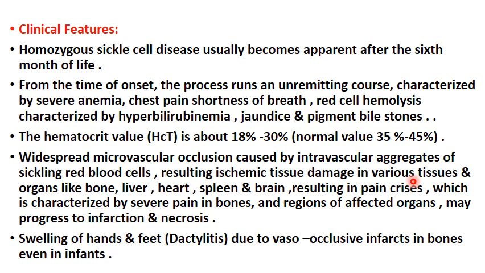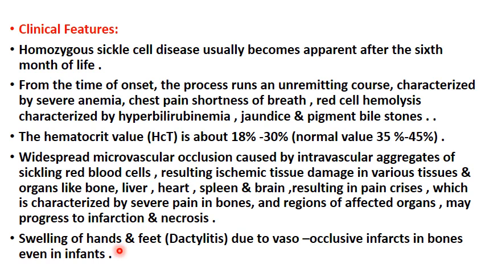Different organs might be affected, like bone, liver, heart, spleen, brain, with severe pain because of the occlusion of the blood vessels, and it might lead to infarction and necrosis.